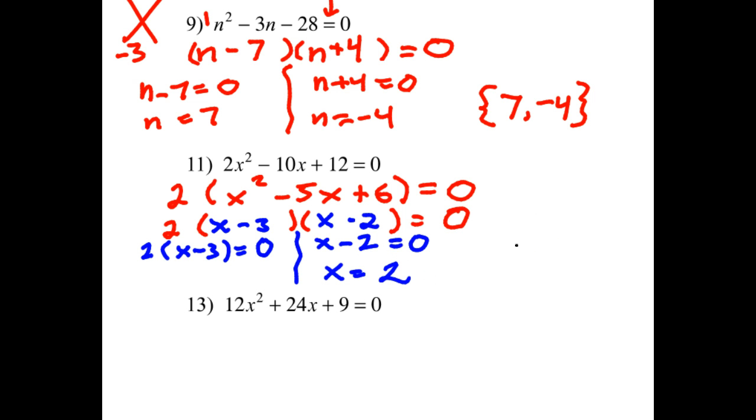I'll let you figure out the other one. You got 2 and whatever else this equals. I think it's 3. When there's a number in front, it doesn't change it a whole lot. It's like the same thing as if it wasn't there. So we just get 3.